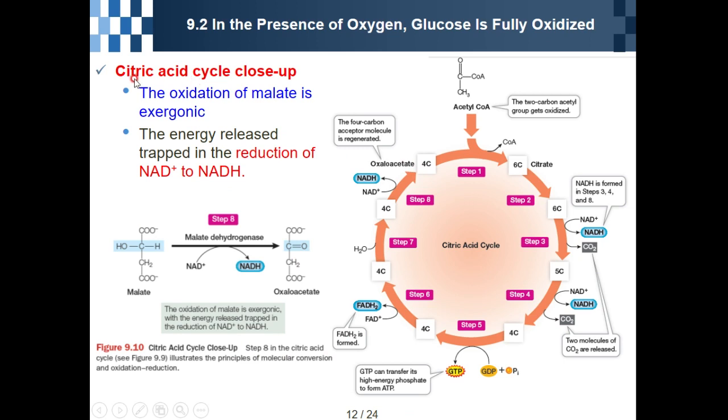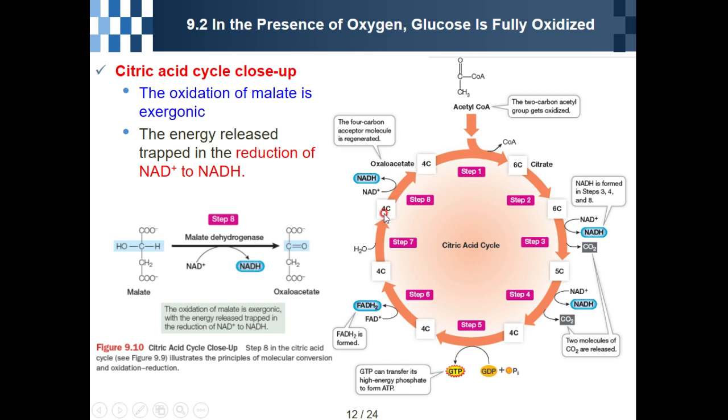After that, this is the citric acid cycle close-up, the final status. This part C covers step 8, the final step of the citric acid cycle.